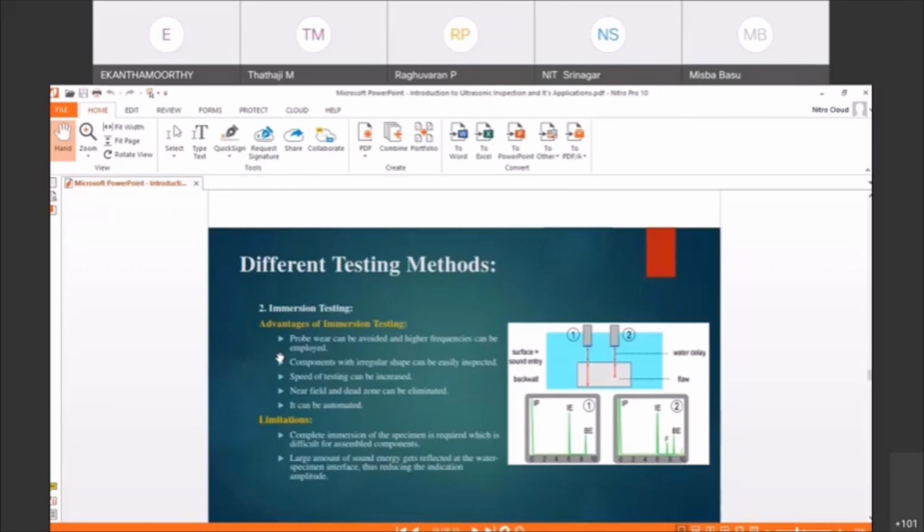In immersion, even if the surface is irregular, we use water as a medium. So even irregular objects can be inspected properly, though some limitations are there that we will discuss clearly. The probe wear can be avoided. In contact testing, we have to move the probe again and again, so abrasion will happen and it will damage the shoe also. But in this case, that's an advantage as we are using only the water medium.